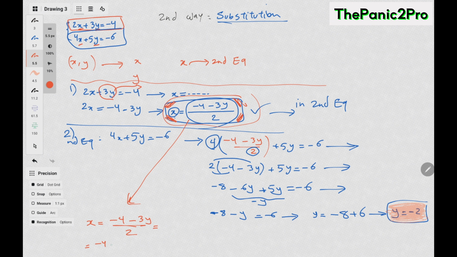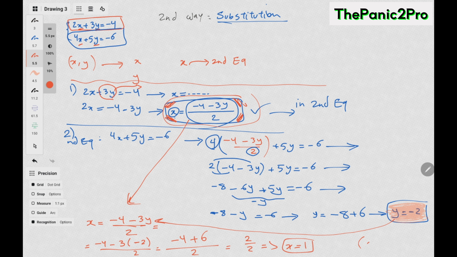Equals minus 4 minus 3y. How much was y? Minus 2, over 2. Simplify that. Minus 4 plus 6 over 2. 2 over 2. And then x is 1. So based on this solution, x is 1 and y is minus 2.